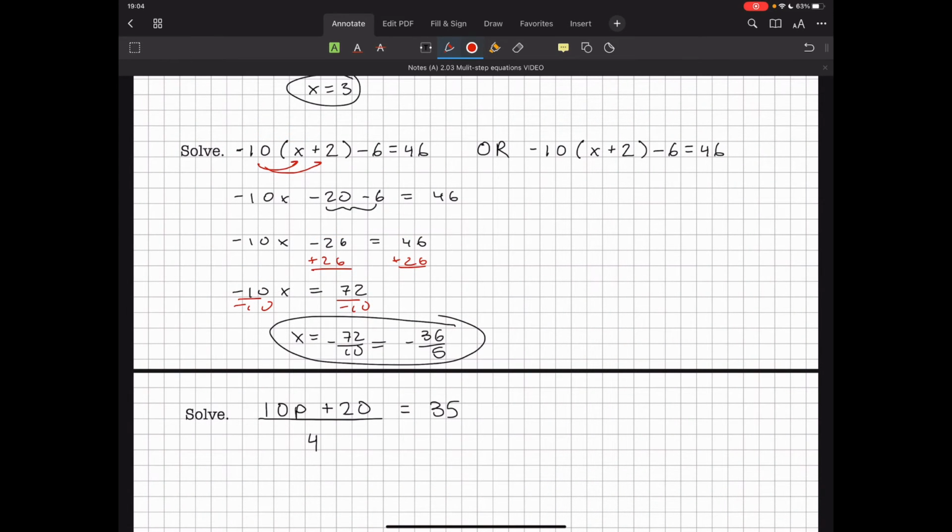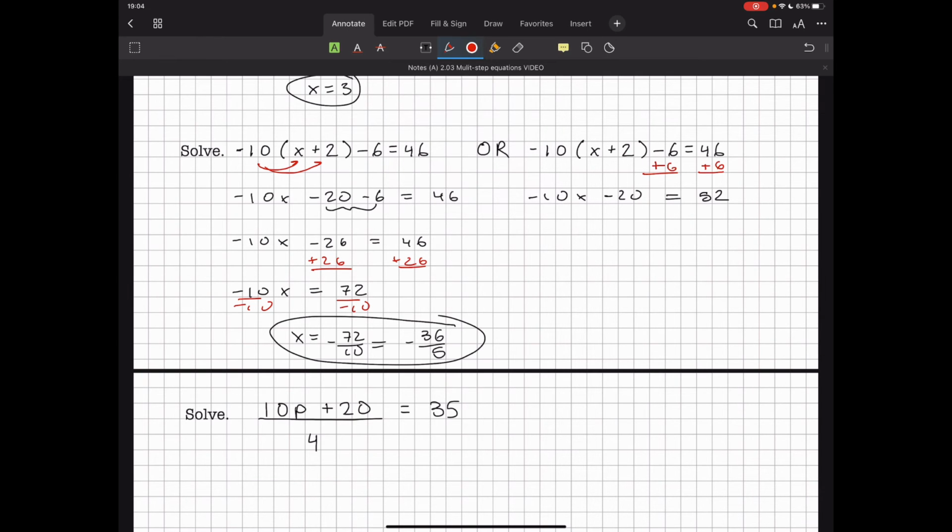Once again, there are many different ways I could have jumped into this problem. While I distributed first on the left side here, in the second attempt at the problem, I could have added 6 to both sides as my first step, leaving me with negative 10x minus 20 equals 52.